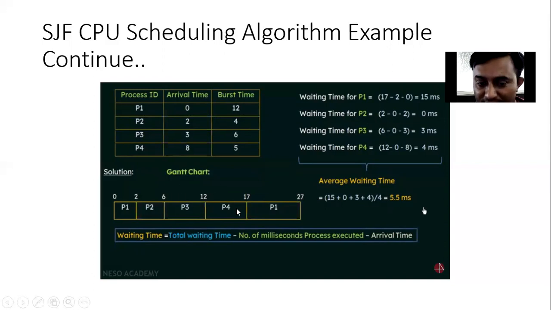As I told you, it is very important to draw the Gantt chart in a proper way, because the upcoming values will be based on this Gantt chart only. If you make any mistake in drawing this Gantt chart with its time durations, definitely your answer will be incorrect at the end. So let us discuss how we can draw this Gantt chart in the primitive scenario.